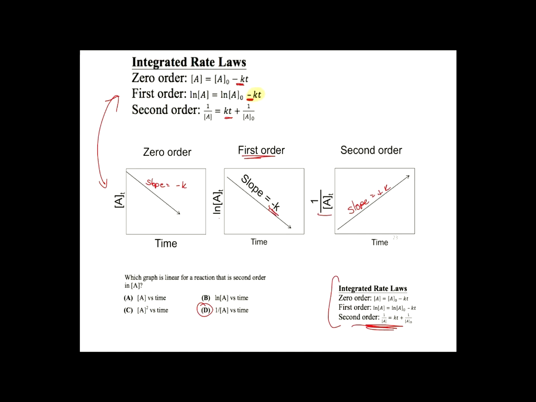I'll point out that in the reaction you're doing in lab, BAR, you're bleaching a dye. So there's two reactants, dye and bleach. But we are making it a little easier on you, and we are telling you that the concentration of bleach is in such large excess that it does not change with time.